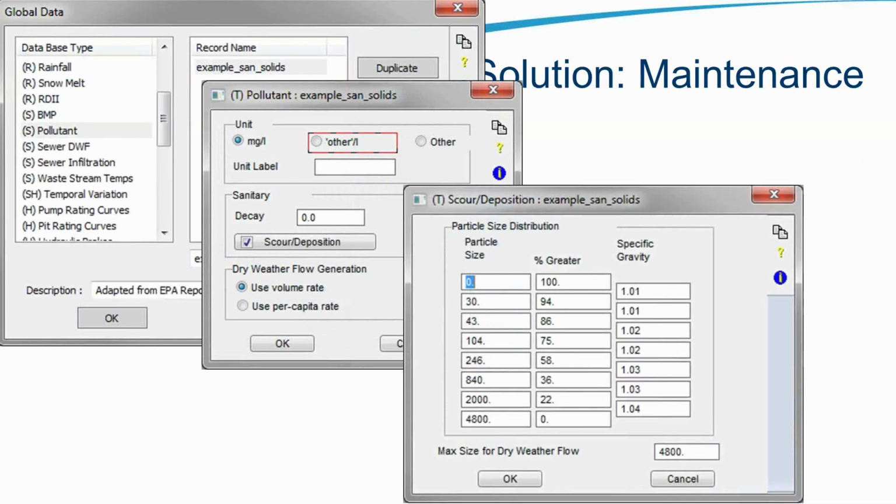And so this is an example of taking that same size distribution you saw in the EPA document, putting it in the model, and actually running it, and actually depositing and resuspending the solids in the actual model. So whatever flow actually occurs, and hopefully you've done your homework and you've disaggregated it and parameterized it so you have a really good idea of the flow, you can actually see what happens over time.